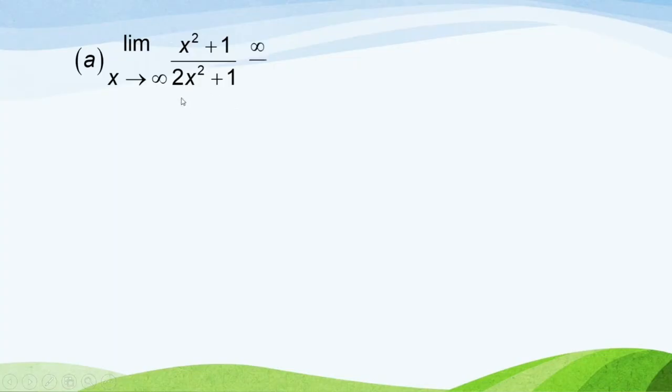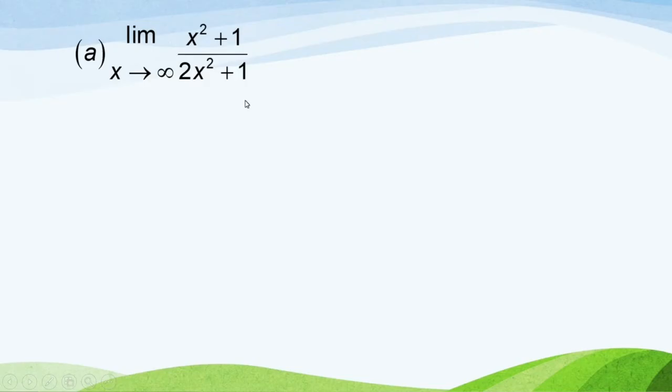For the denominator, we also substitute infinity for x: 2 times infinity squared plus 1, the answer is infinity. So we must divide the function by the highest power of the denominator.